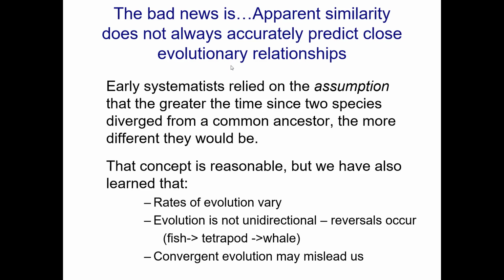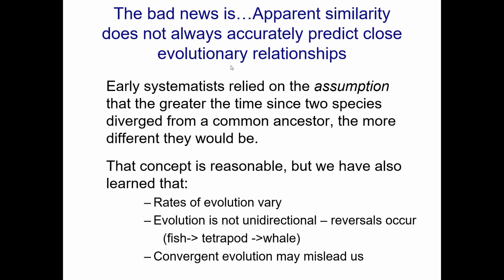Now, here's the bad news. Just because two organisms seem similar, often they are similar, often they are closely related, but there are sometimes when the similarity is superficial and they're not very closely related. So what I wrote on this slide is that apparent similarity or superficial similarity does not necessarily accurately predict close evolutionary relationships.